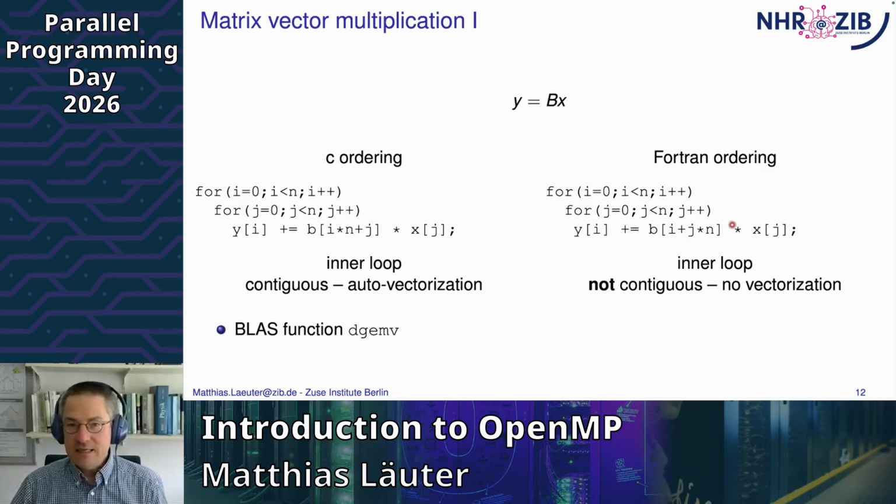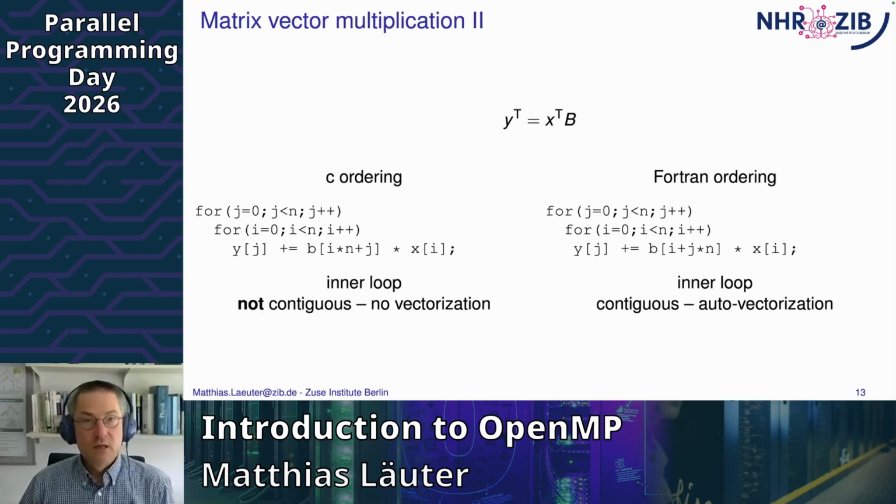That's why this inner loop is not contiguous for B, and that's why no vectorization is available. So if your setup of your program is in a way that you write this down, this inner loop will never vectorize. And if you force this to vectorize, the result will be wrong.